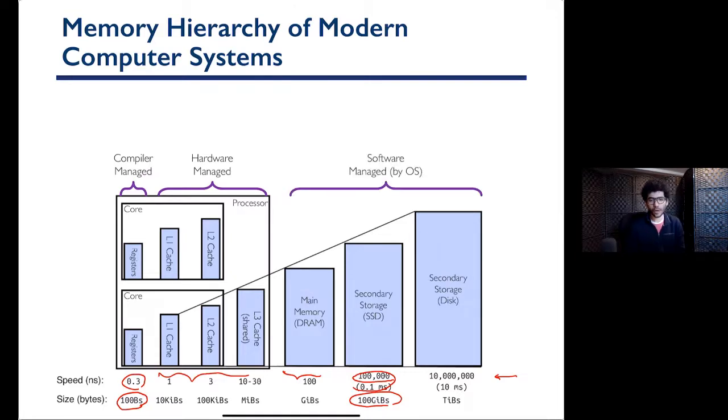And then the software, in particular the operating system, is in charge of managing memory, managing SSD, and basically your permanent storage. This part happens with your file system, and then this happens with paging. All done by the operating system.